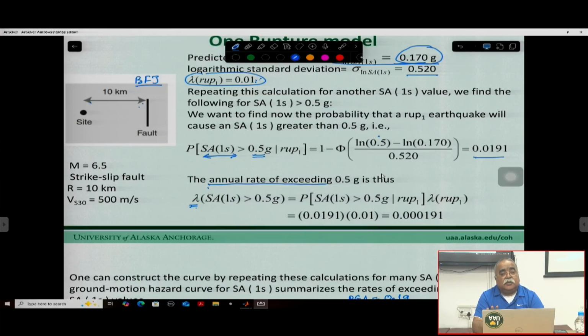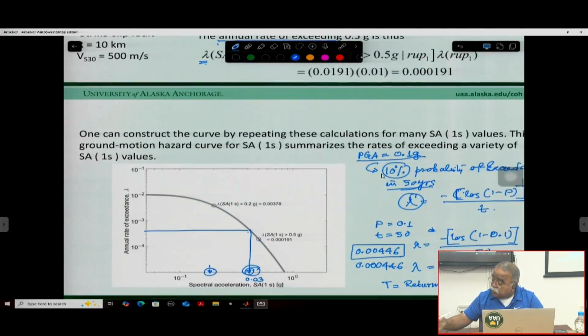Now that's fine, but that is calculated at the rate of lambda equal to 0.01. So we have plotted this number at 0.5 g, and this value is like this. Similarly, we plotted it for 1 second at 0.2 g at the same rate, and it will be equal to this.